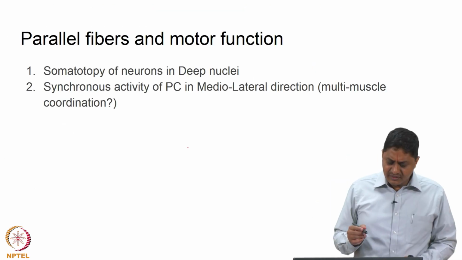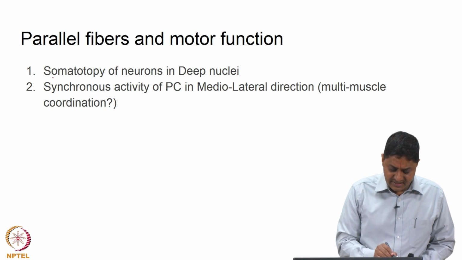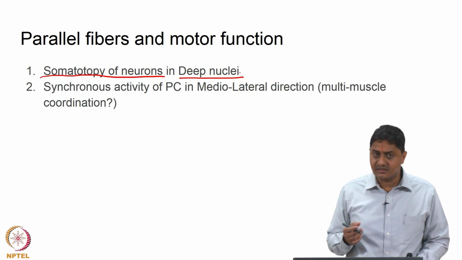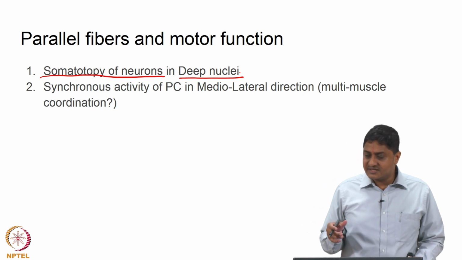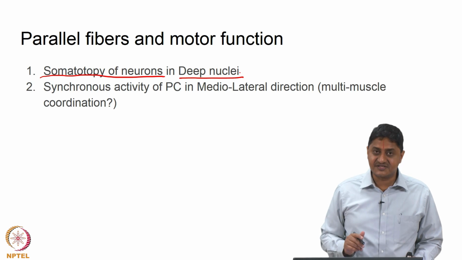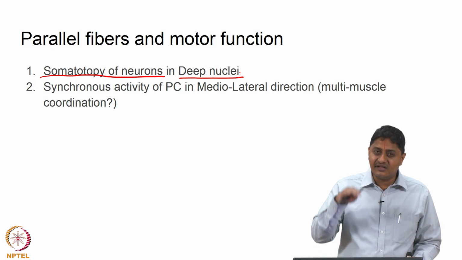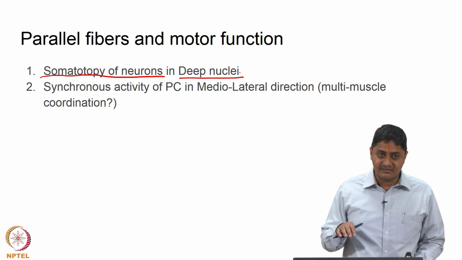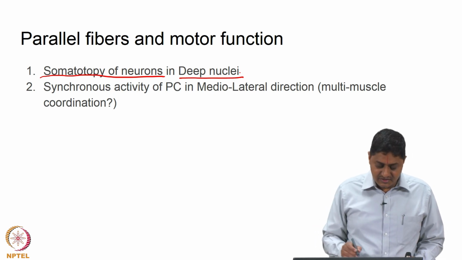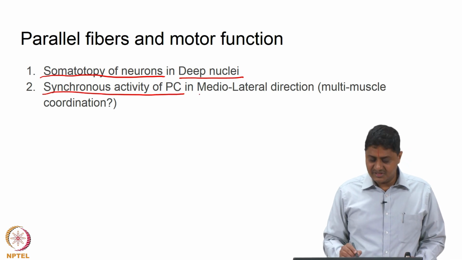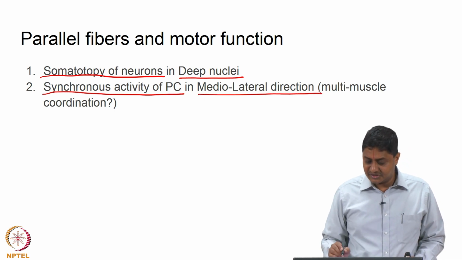We have also discussed that there is somatotopy of neurons in the deep nuclei. I mentioned that there is a homunculus that is upside down and turned sideways. In other words, the anterior side is the tail and the posterior side is the head, right. We discussed this, and also there is synchronicity of activity of the Purkinje cells in the mediolateral direction.